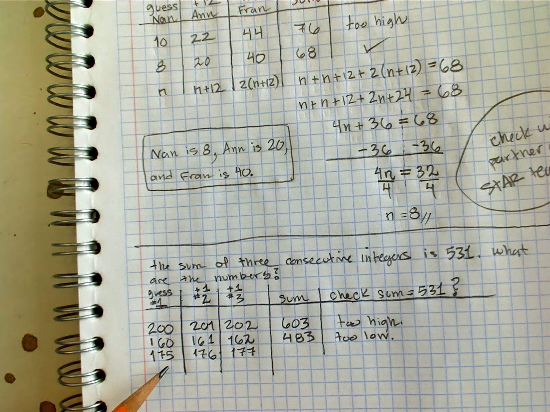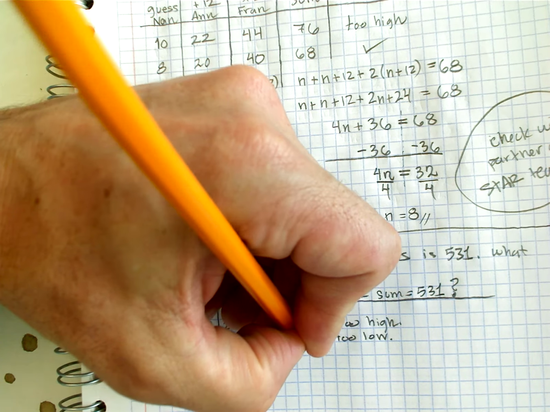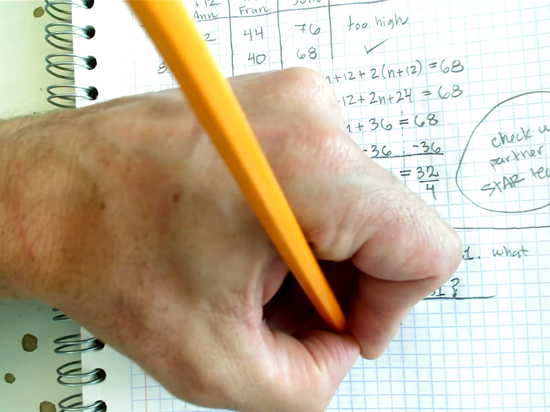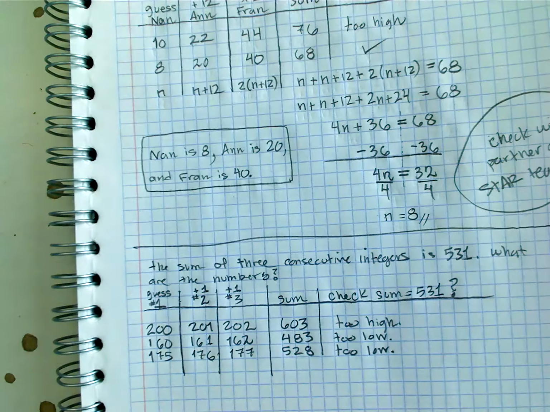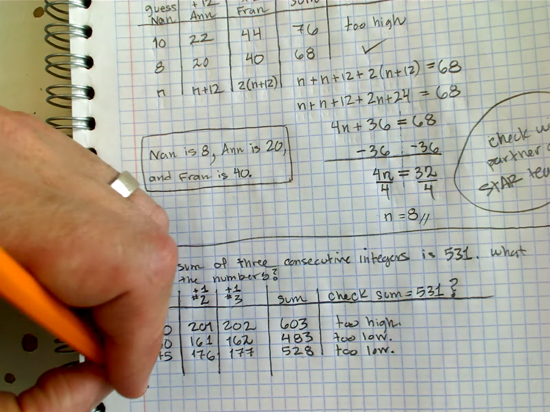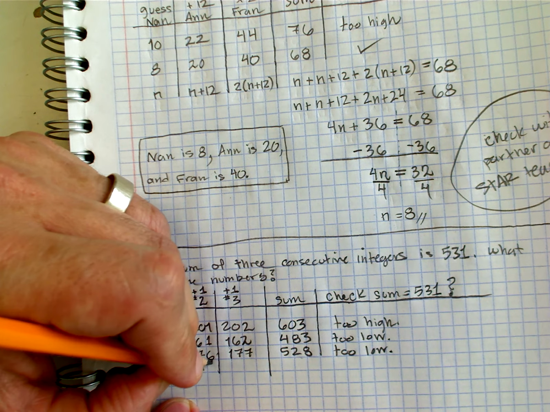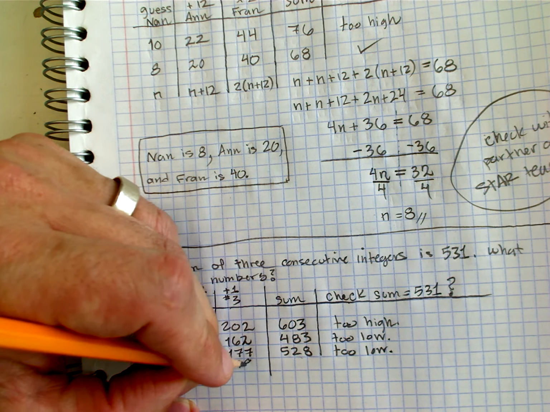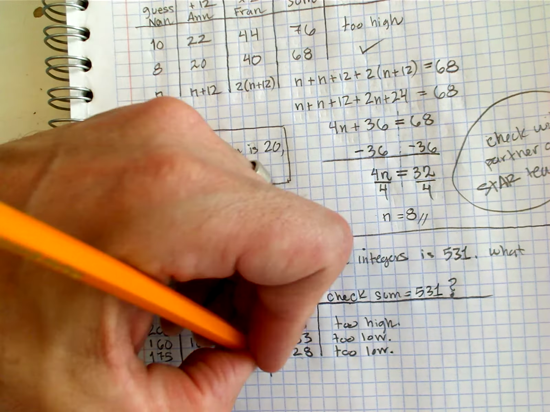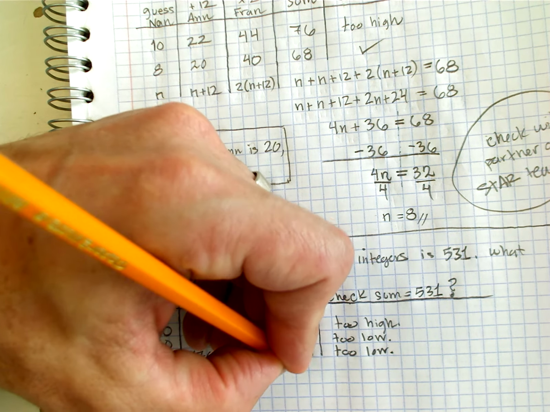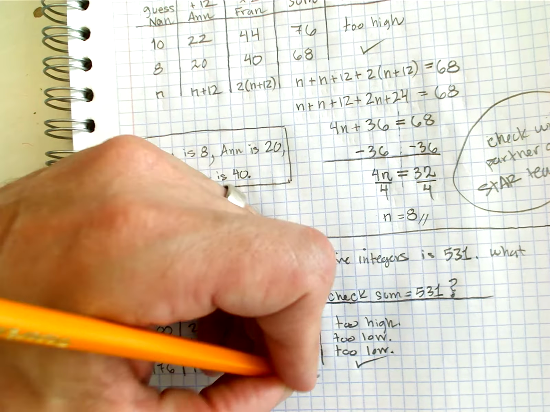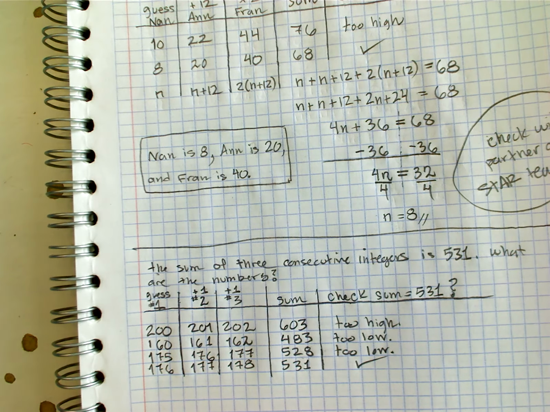And then 521, 528. I'm really close. It's still too low, but you can even see that I'm actually 3 points too low. So I know if I just go up by one here, all my numbers will go up by one. And maybe when you add those up, you see that you get 531. And that's just right. So we know our numbers now.